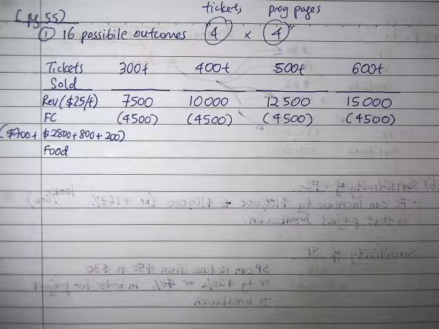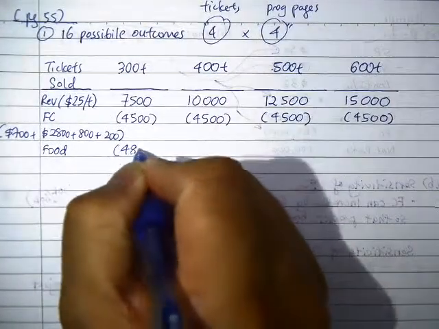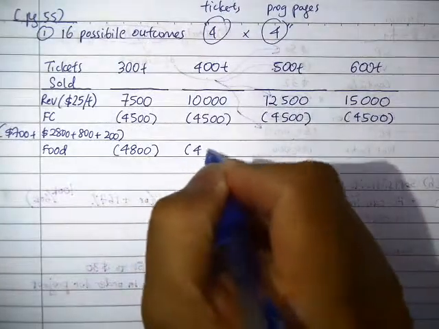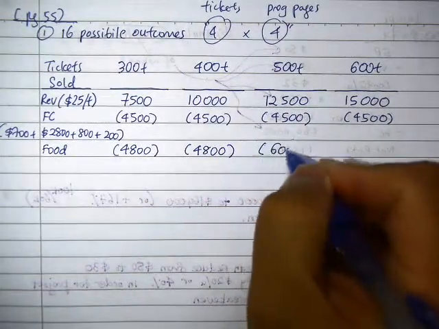It's 12 per person, but minimum 400. That means here it will still be 4,008. Here also 4,008. Here 6,000.